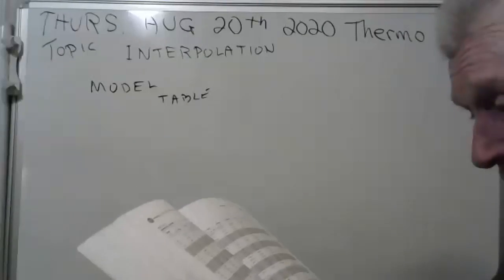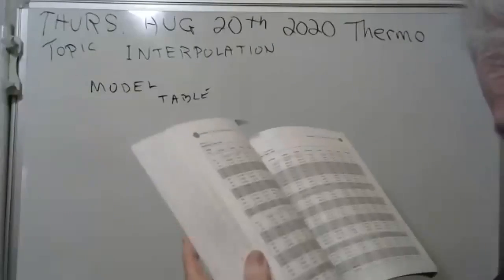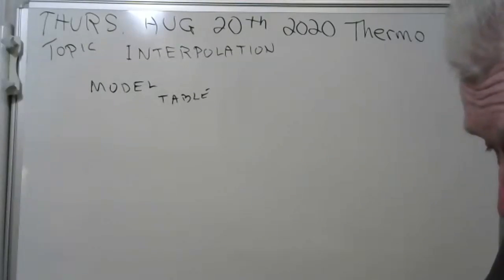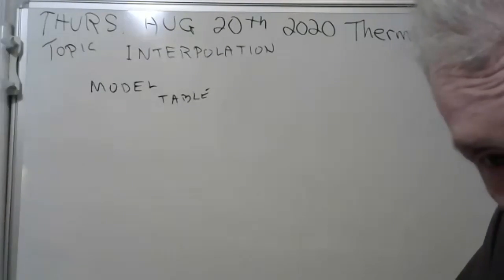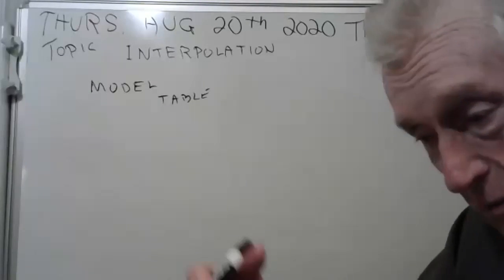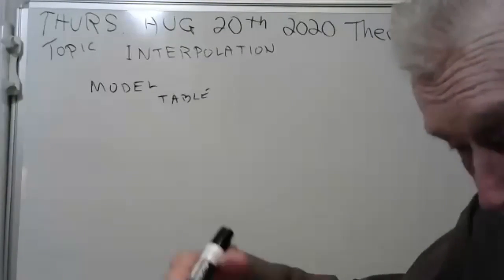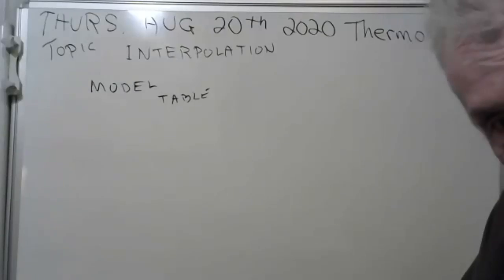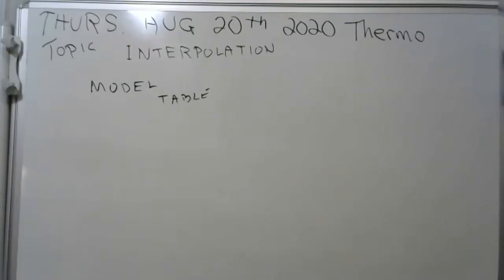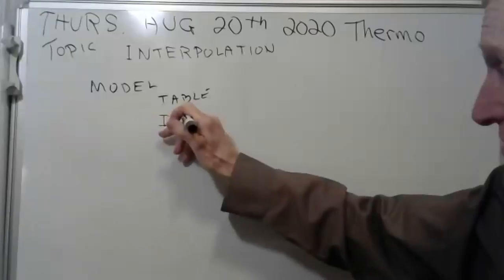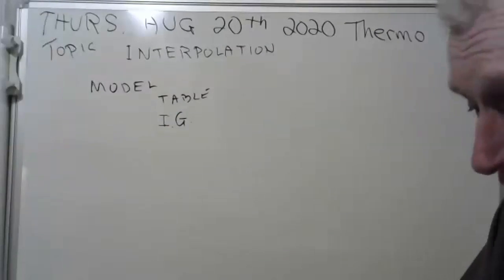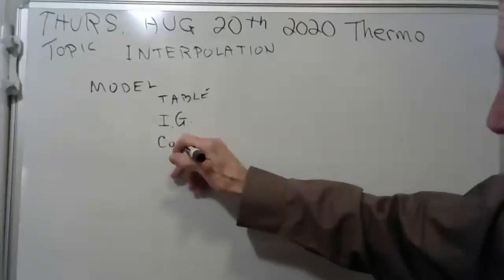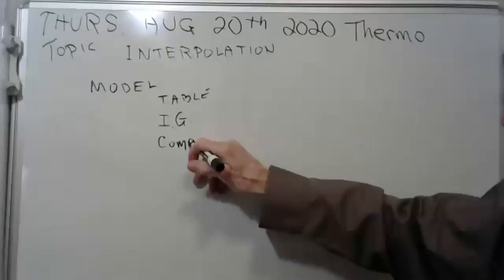Now these numbers are experimental. They've actually done experiments with different gases like ammonia, for example, or steam, and they've measured the pressure and the temperature and the volume and the energy and so forth. That's the best model. Then there's the ideal gas model. It's nowhere near as good as the tables. And there's another model called compressibility. We'll show you all three of these in a minute.